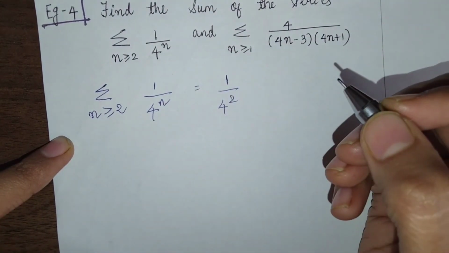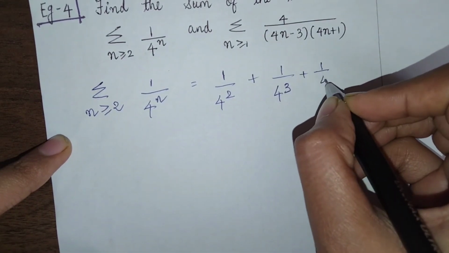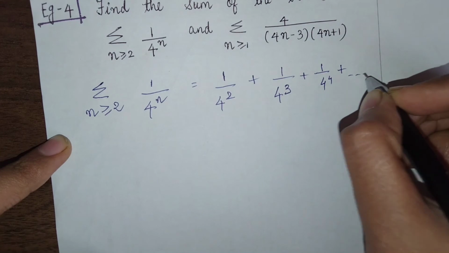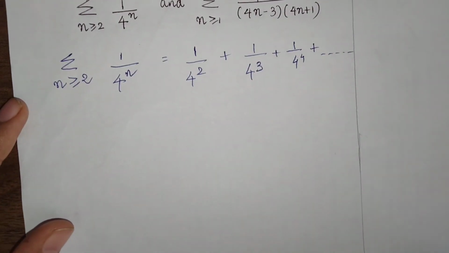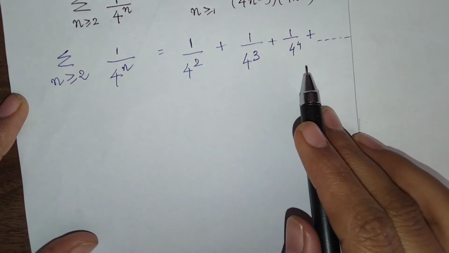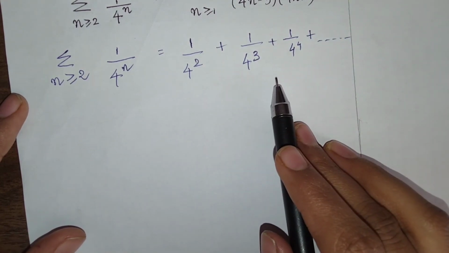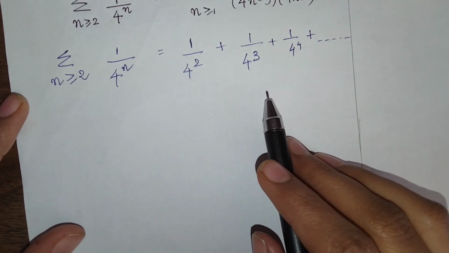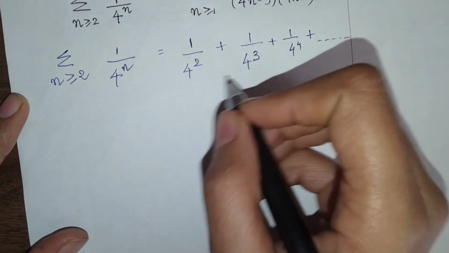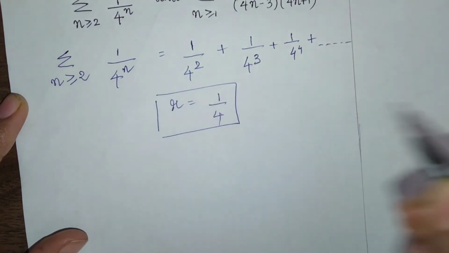So 1 by 4 square plus 1 by 4 cube plus 1 by 4 raised to 4 and so on. It will keep on going. Okay. But we can observe that this is a geometric progression. This series is in geometric progression. So here if we see, then we will get r equal to 1 by 4. Okay?